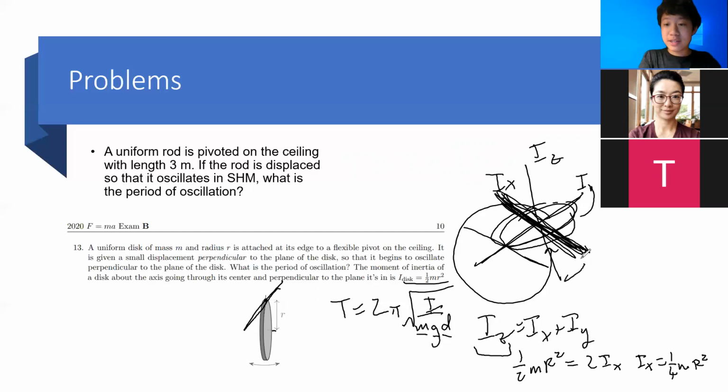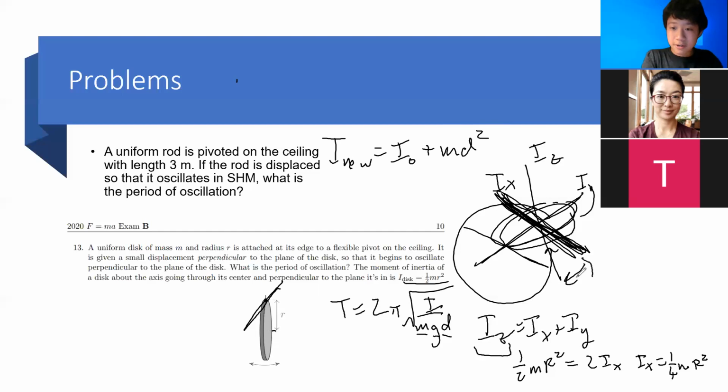All right, so the inertia through the center of mass is 1/4 mr squared. But now we got to move it to the pivot. So now we're going to use the other formula, called the parallel axis theorem. I didn't tell you guys the name of it back during that class, but it's called that. I new is equal to I0, the inertia through the center of mass, plus the mass times the distance between these two axes.